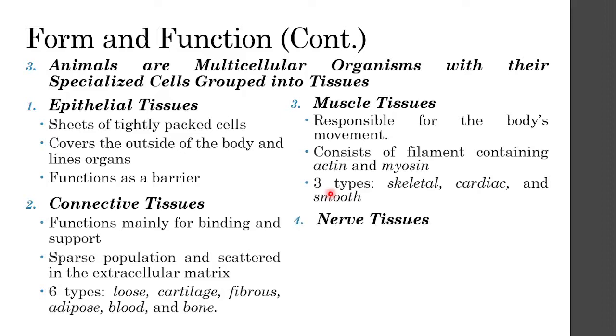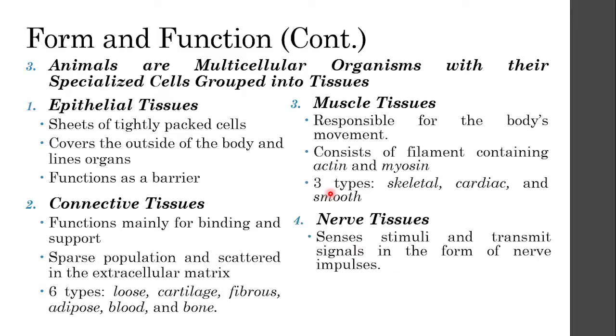And lastly, the fourth main type of tissue in our body is the nerve tissue. Its main function is to serve as a receiver for stimuli that we experience, and then transmit those signals to other neurons and travel down into our central nervous system, into our brain, for us to identify what that stimulus was.